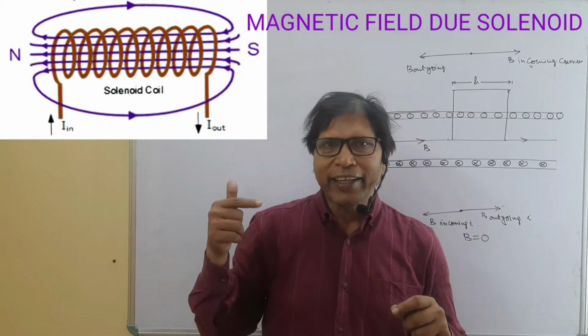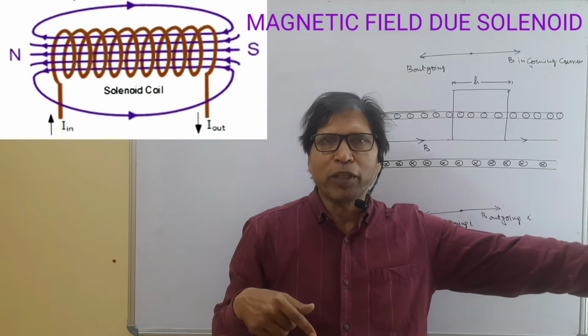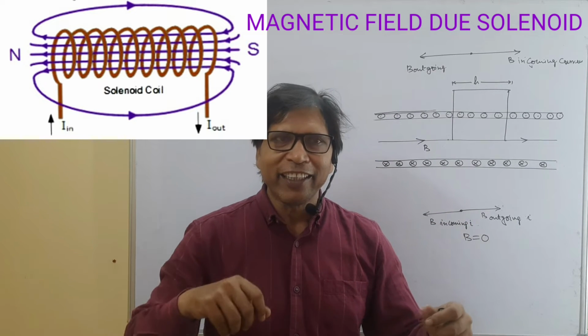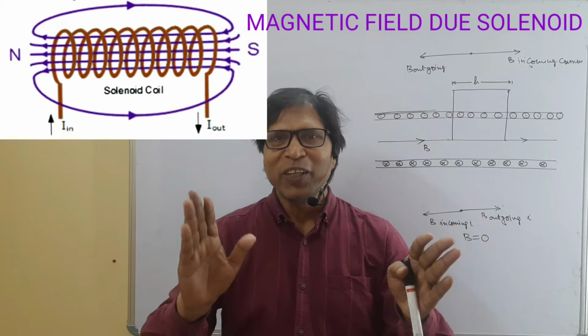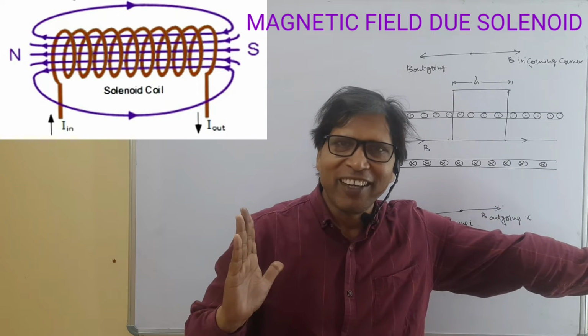Now from one end current enters the solenoid and at the other end current leaves the solenoid. If the incoming current is in anti-clockwise direction, the outgoing current is obviously in clockwise direction. So this side becomes N pole and this side becomes S pole.